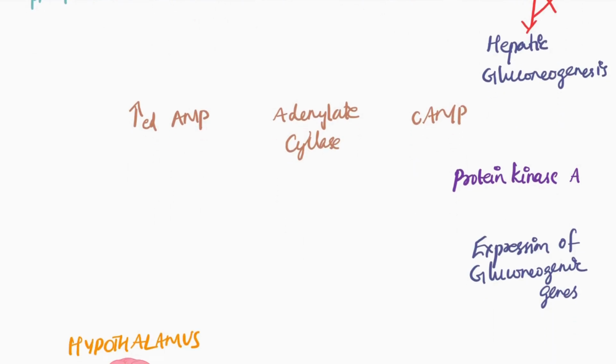Increased intracellular AMP can inhibit the adenylate cyclase enzyme, which will in turn reduce cyclic AMP levels, leading to a decreased protein kinase A activity, and which ultimately reduces the expression of the gluconeogenic genes.